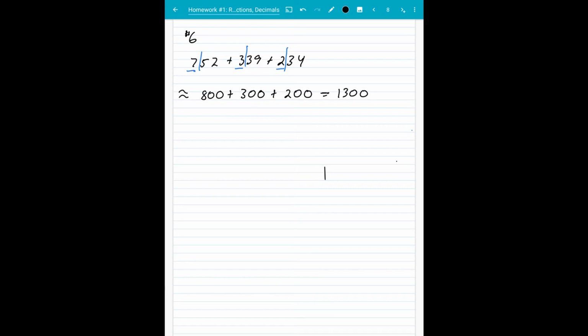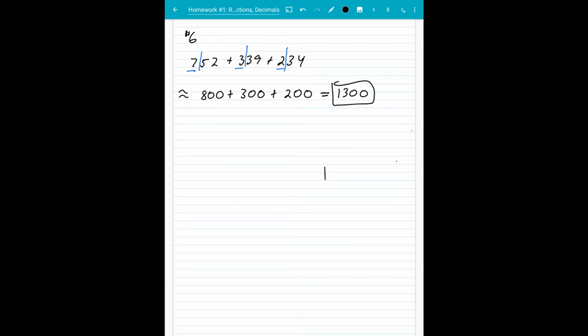Whereas equals means that's what it equals, because all of this does equal 1,300. But all of this was approximated. So it's kind of like a pathway. From here to here, we approximated. And then from here to here, we actually did an exact calculation. So that'd be your answer.